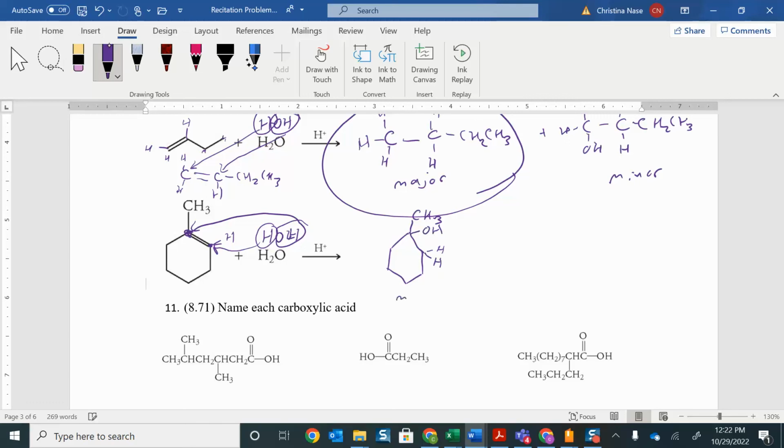That's going to be my major product. My minor product would be if I put the OH on this side. This is the one that dominates. You can also, if you don't want to put those hydrogens in there, you don't have to show where they go because they are usually not drawn out in the skeletal structure.